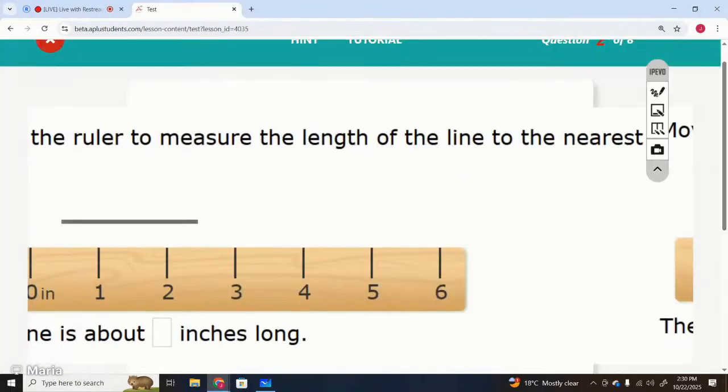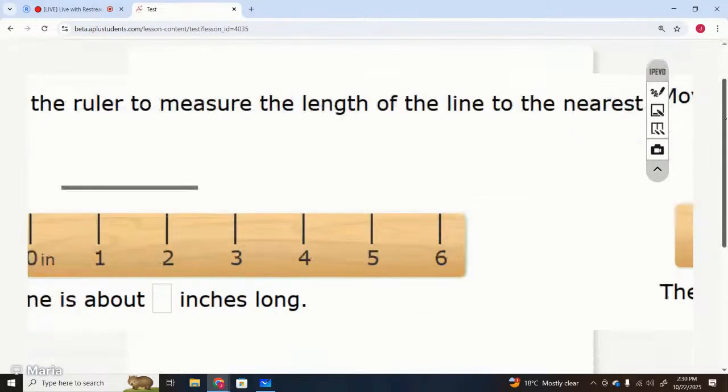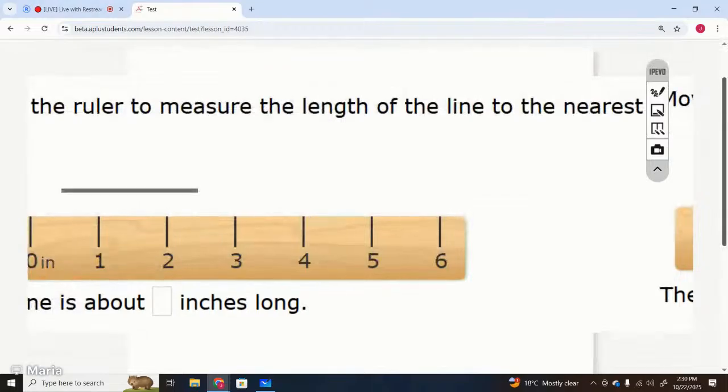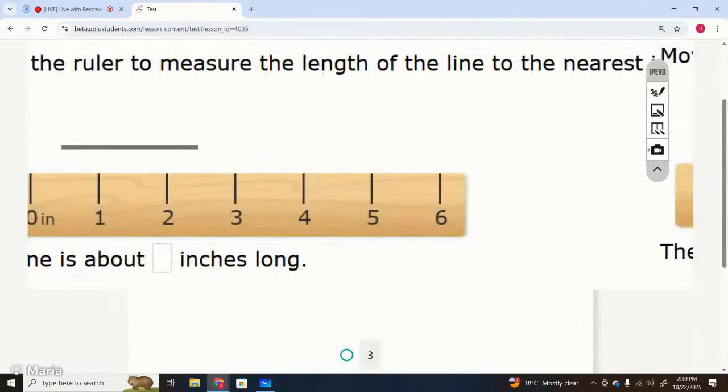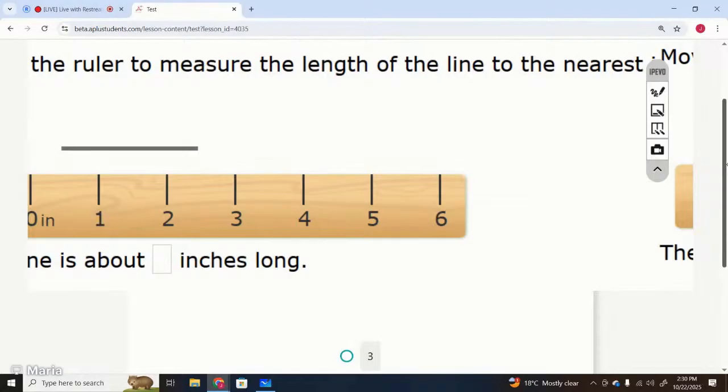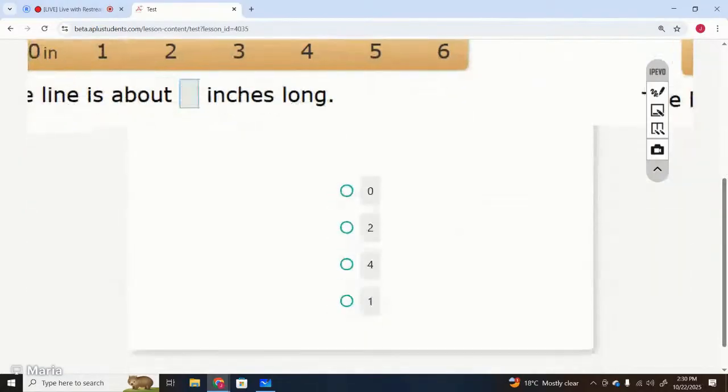Use the ruler to measure the length of the line to the nearest inch. So you need to place the left end of the line at the ruler's zero, so that is 2 inches, the correct option.